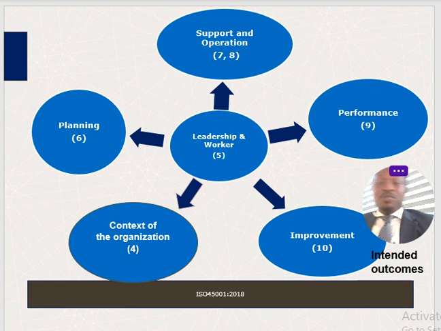So you have clauses 4, 5, 6, 7, 8, 9, 10. And I put leadership and worker participation in the middle because ISO 45001 is employee centered. They are worker centered, they are staff centered. ISO 45001's main objective is to make sure that staff are safe.